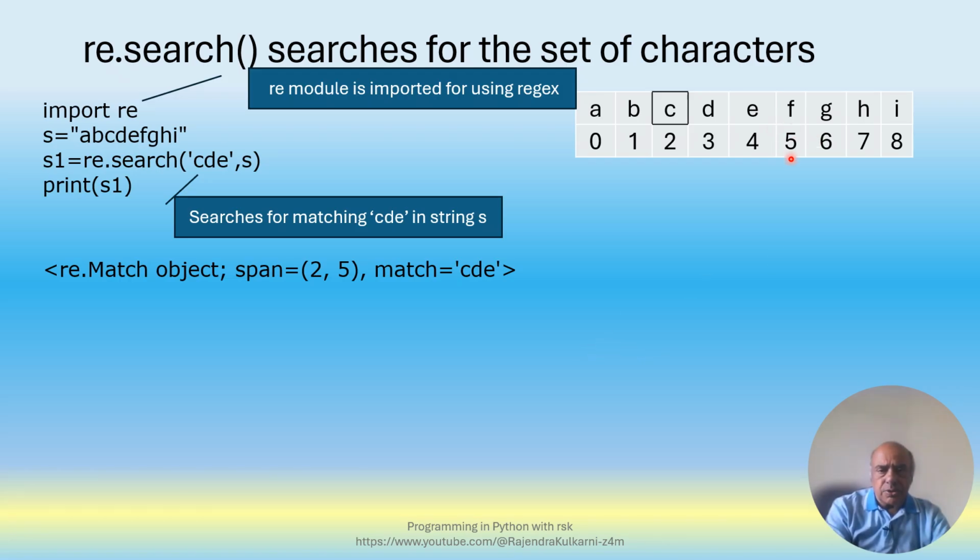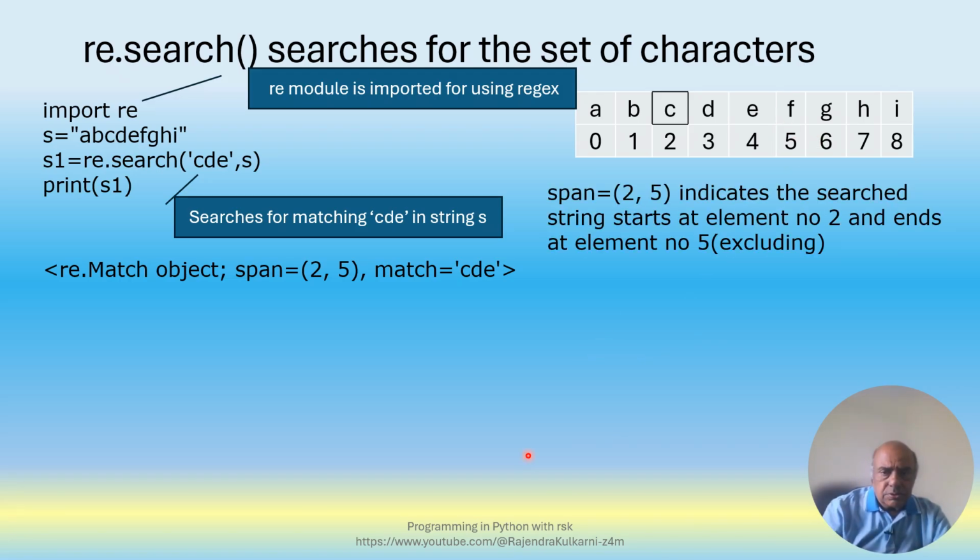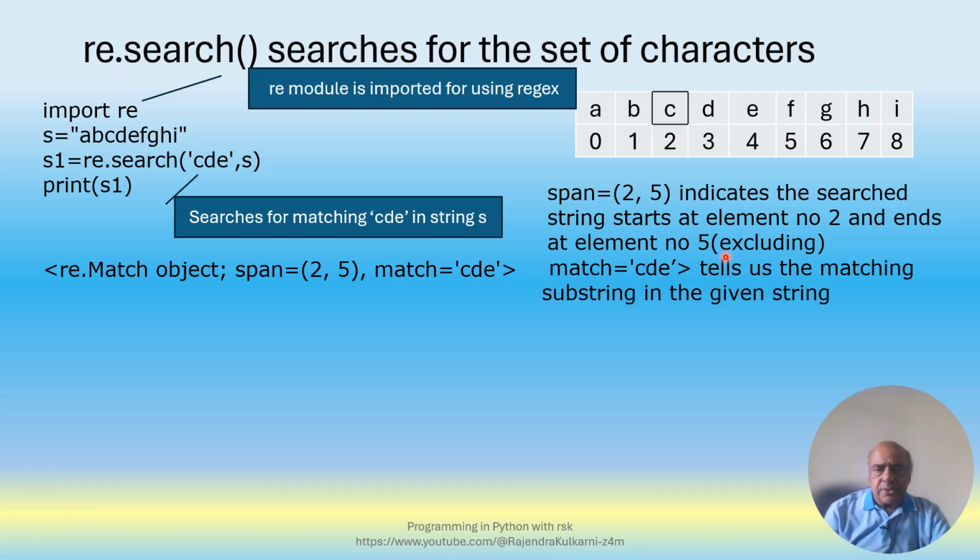It is excluded. Span equal to (2, 5) indicates the search string starts at element number 2 and ends at element number 5, excluding element number 5. And match equal to 'cde' tells us the matching substring in the given string.